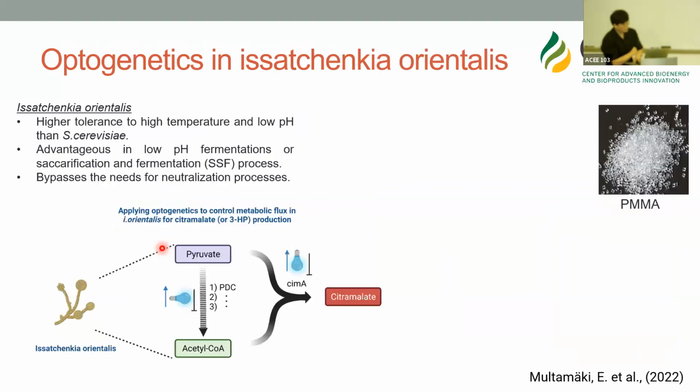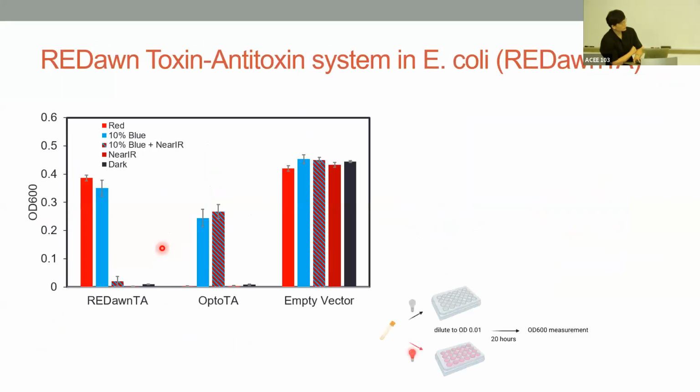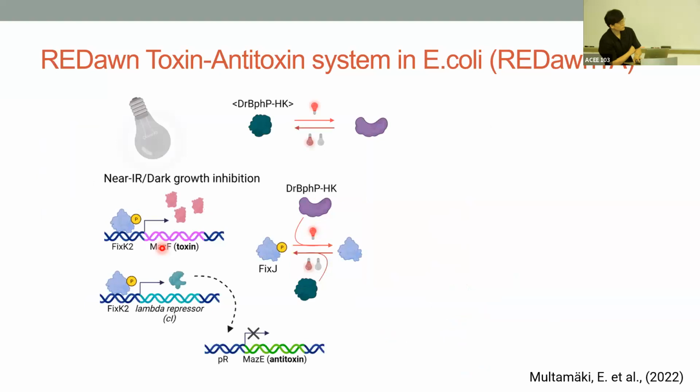The problem with the red light tools is it uses something called phycocyanobilin, PCB, which is available in plants and cyanobacteria. So those actually have to be exogenously added to the culture. There are lots of ways to co-express the chromophore synthesizing machinery at the same time, so there have been efforts in that.